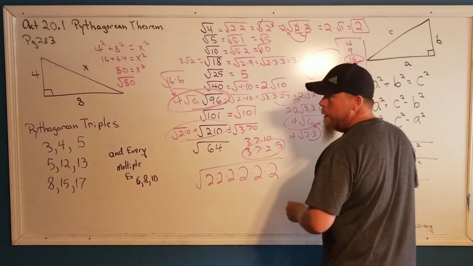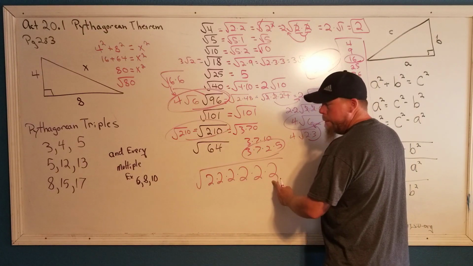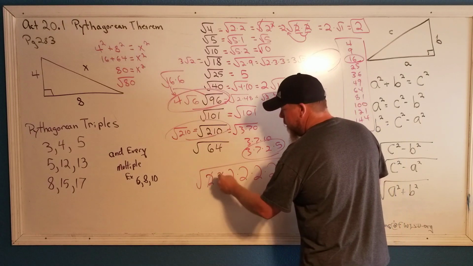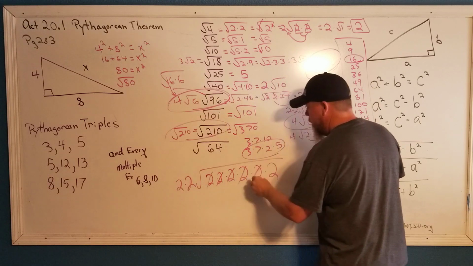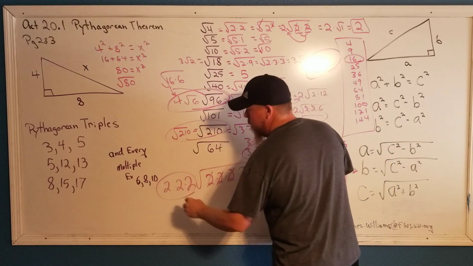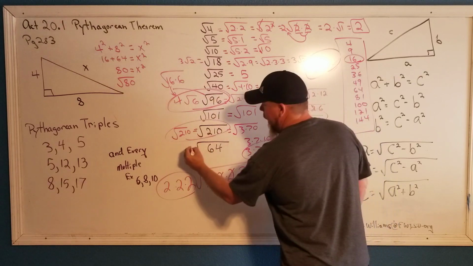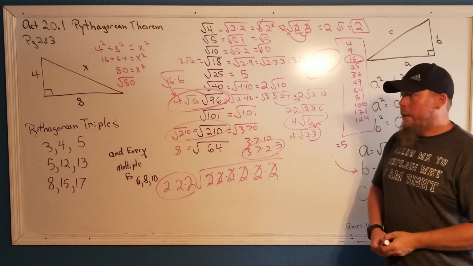That's how you get 64. 2, 4, 8, 16, 32, 64. Okay? And so every pair of 2's, you could write a 2 out front. Or maybe you know that 8 times 8 is 64, and you just write 8. Either way, that's going to get you your answer.